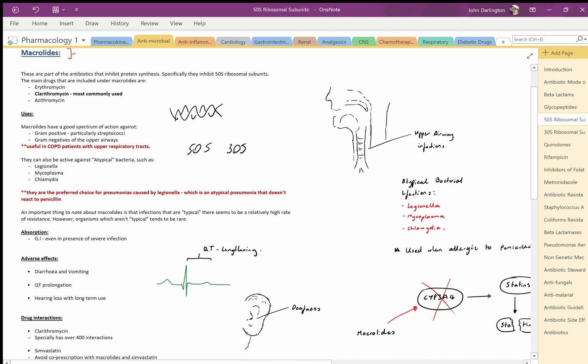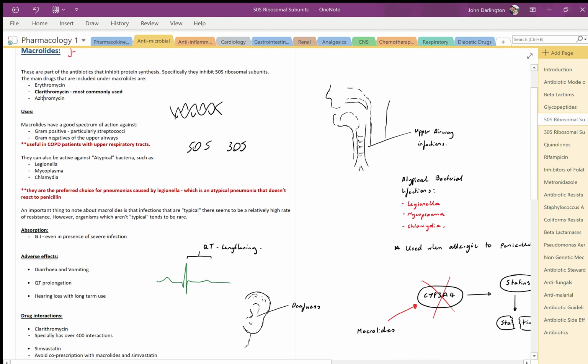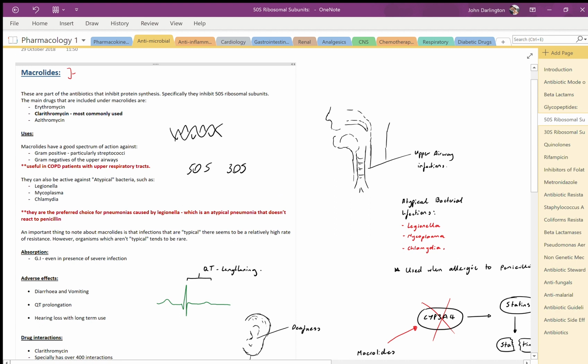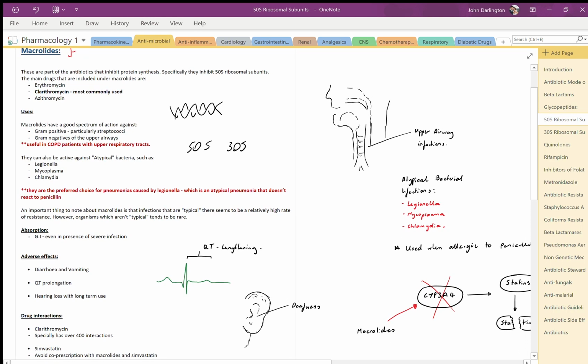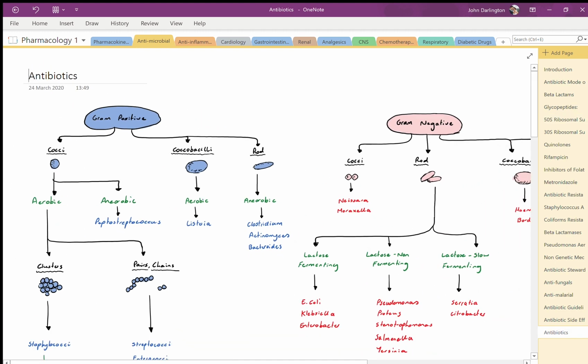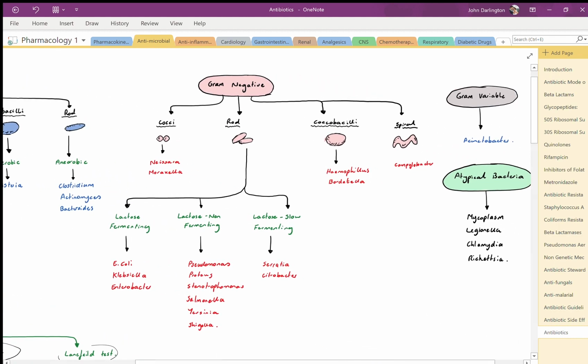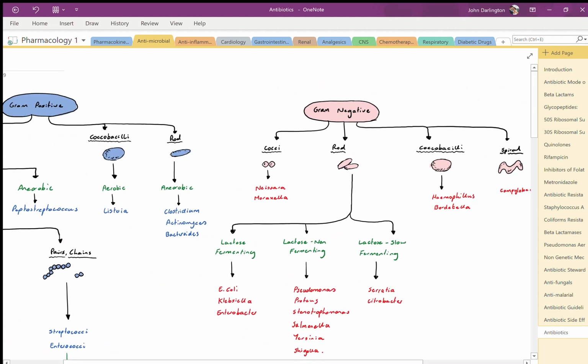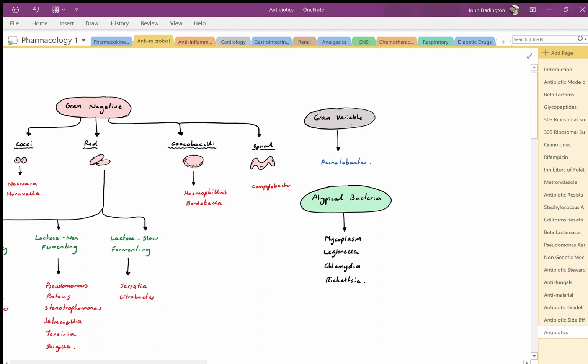But anyway, so when are these used? Well, these are used for various infections, predominantly upper respiratory tract infections, but they're also used commonly when you have atypical bacteria. Now, just to take you back to this picture of all the different types of bacteria, I mentioned gram-positive, gram-negative, and I also wrote gram-variable.